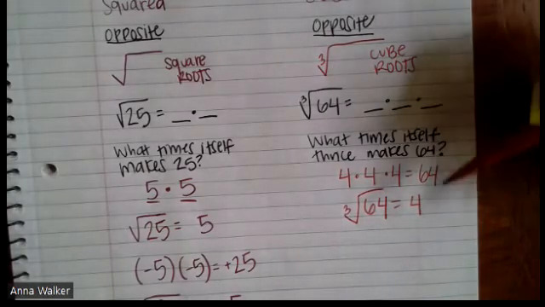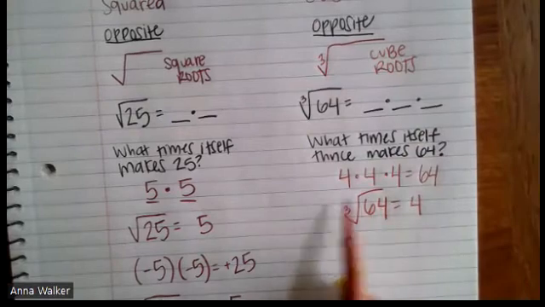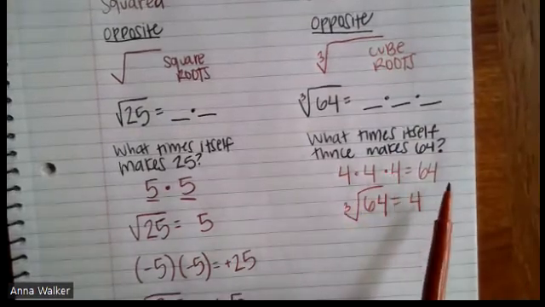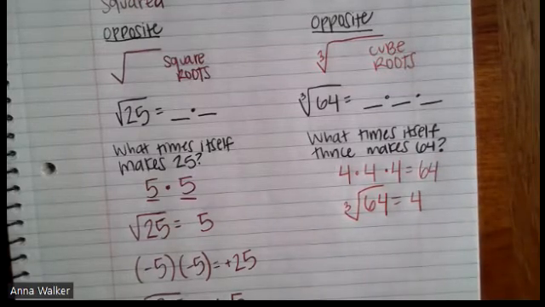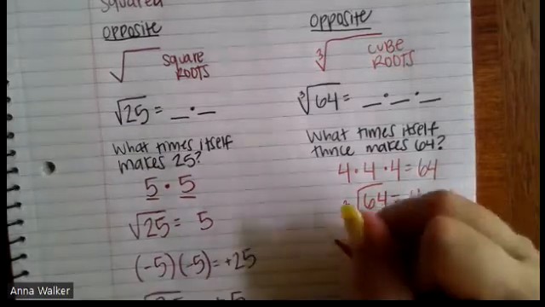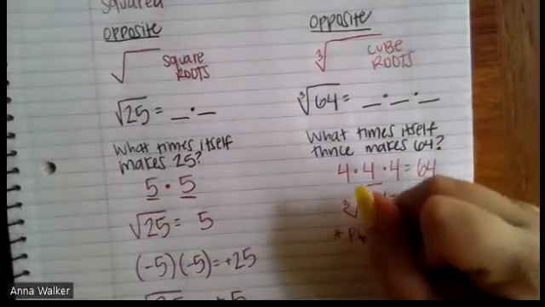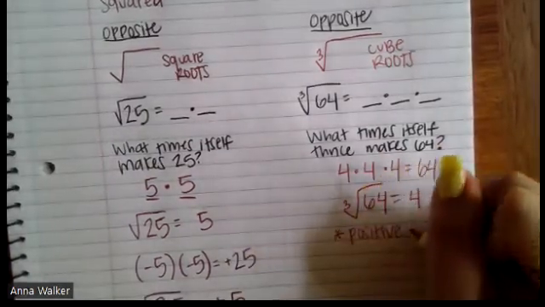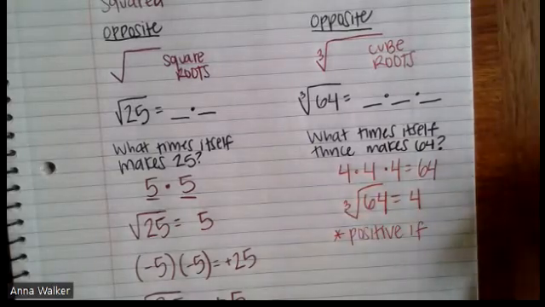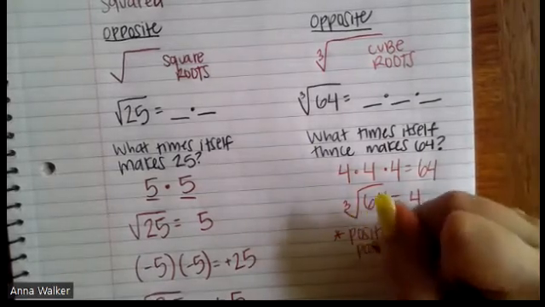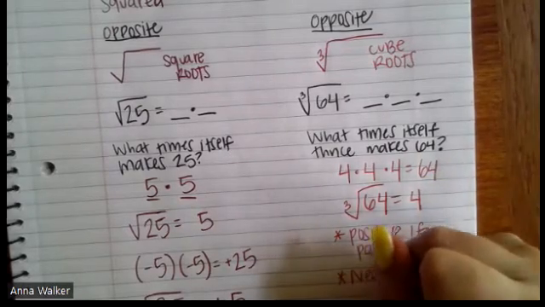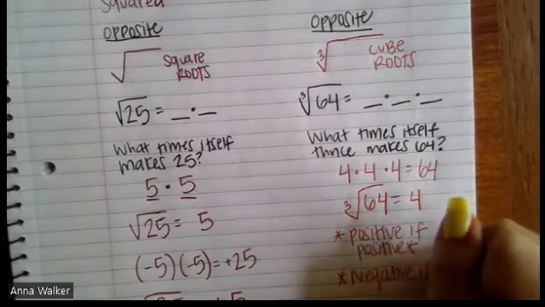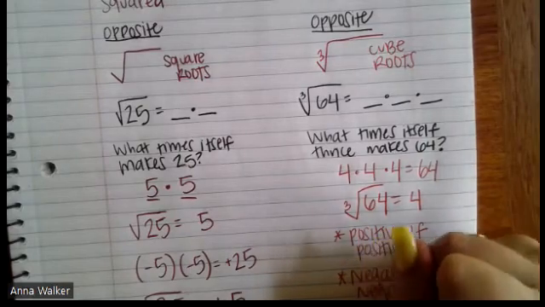And you'll notice here, if we threw in negatives, that wouldn't necessarily mean that our answer is negative. So the rule when it comes to integers with cubed roots is the answer is positive if positive, and then the opposite's true, negative if negative.